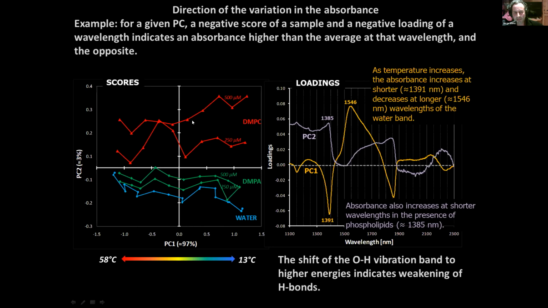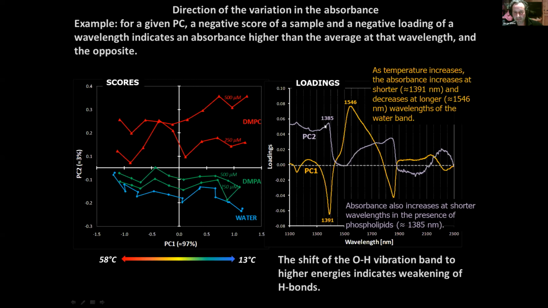And what happens now if we analyze the effect of the phospholipid? This is described in the score plot by PC2. It moves from a negative value for the water to increasing values as we add an increasing amount of the lipid. If we want to compare this in the loading plot, we have to look at PC2, which is the one that describes the effect of the phospholipid.